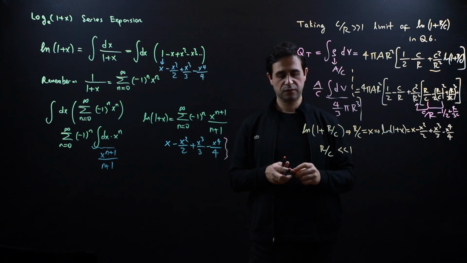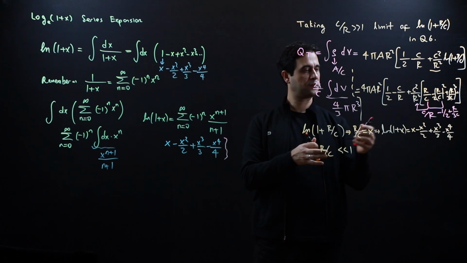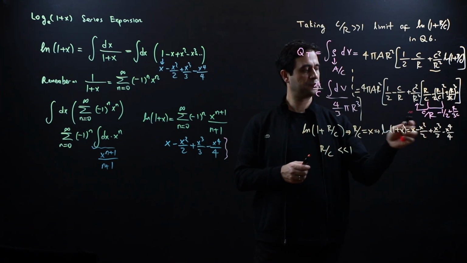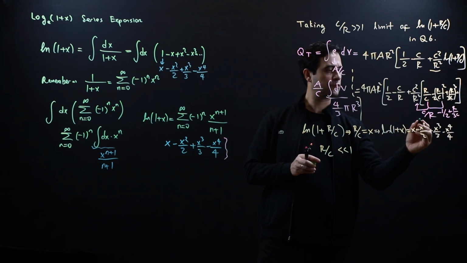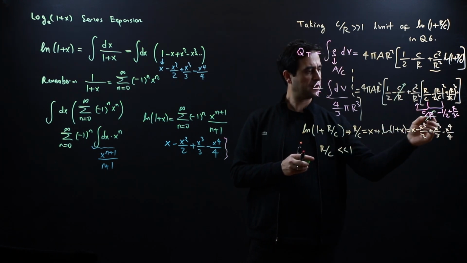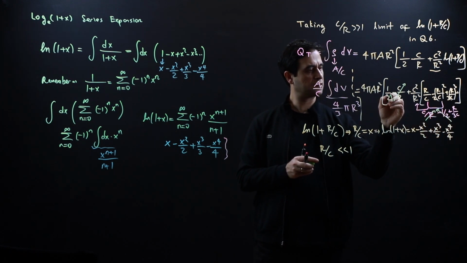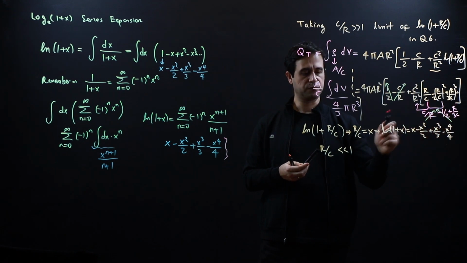So if you make this expansion, what you would see is the c over r with a positive sign gets cancelled by minus c over r here, and minus 1 over 2 gets cancelled by 1 over 2. So you are left with this term multiplied by that term.